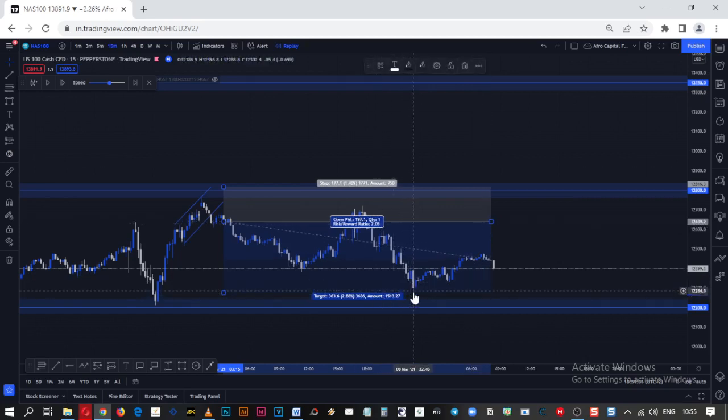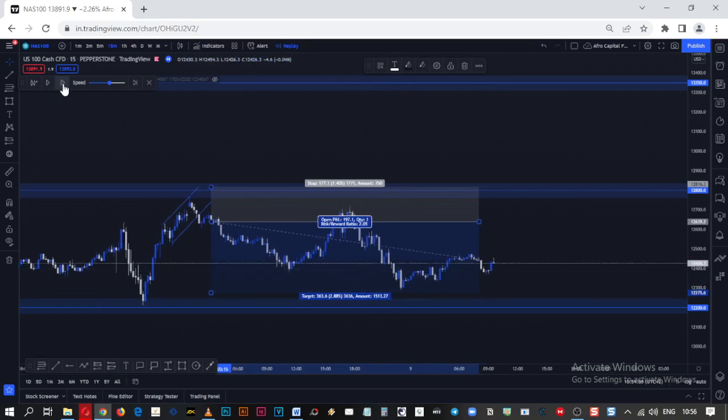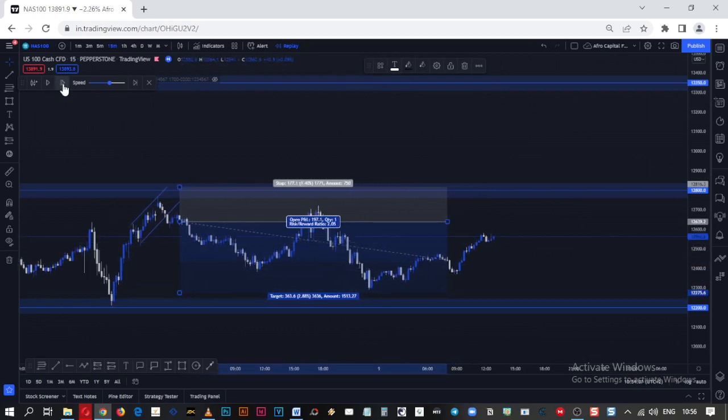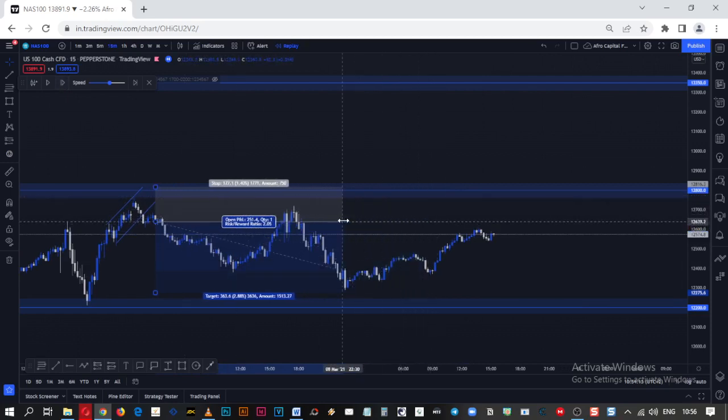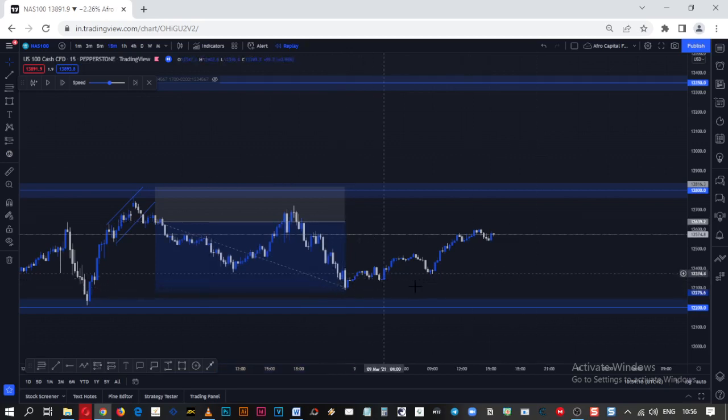Basically, when the market pushes this way, you would have been out on this one. So we'll count this one as a winner anyway, because the market has pushed down long enough, and I normally would have closed this one as a winner anyway.